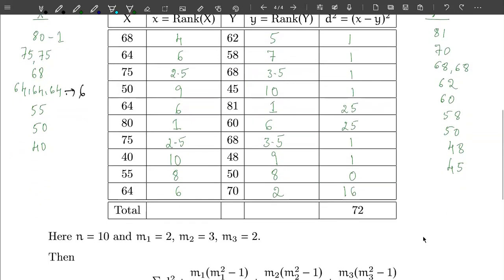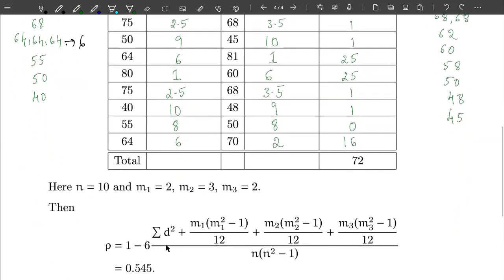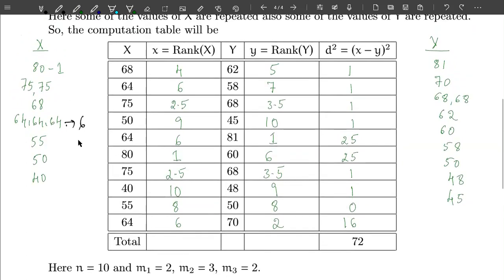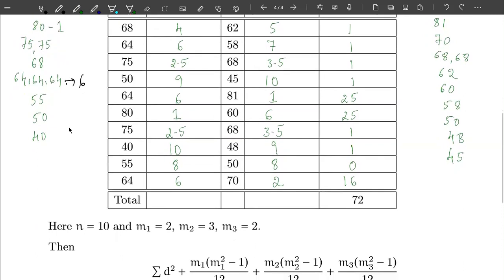Then in the next case, we'll have to calculate the value of rho using this formula here. To use this formula, first of all, we should know what is M1, what is M2, and what is M3. Now here, M1 is equal to 2, because the first case which we had taken for repeated factors is 75 and 75. So 75 repeated 2 times, that is why M1 is equal to 2.